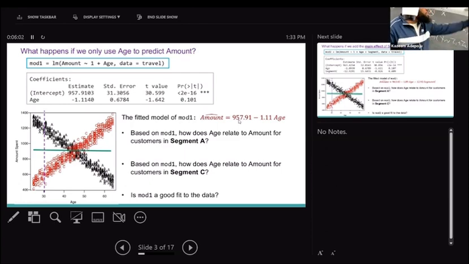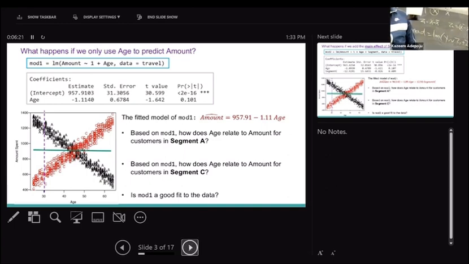If I want to interpret age here, I'm assuming that there's no other variable that will influence that relationship. That's exactly what we mean here.